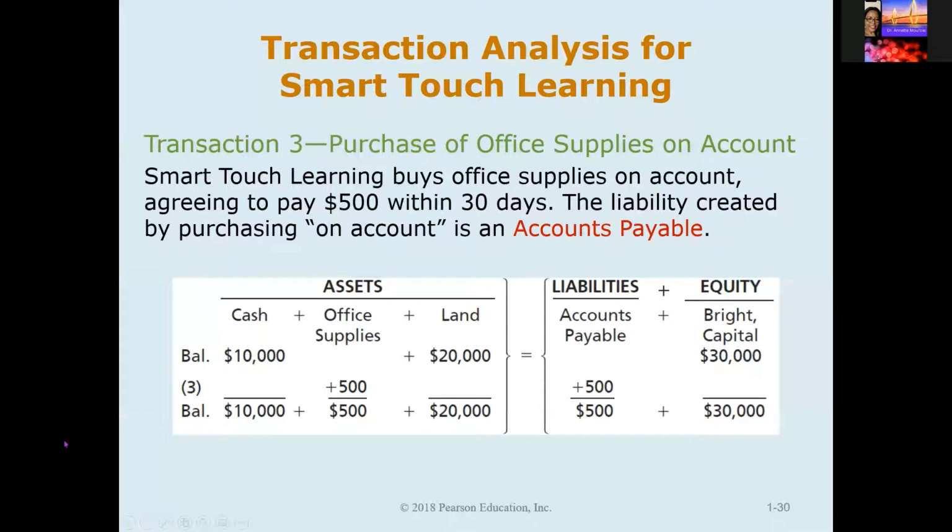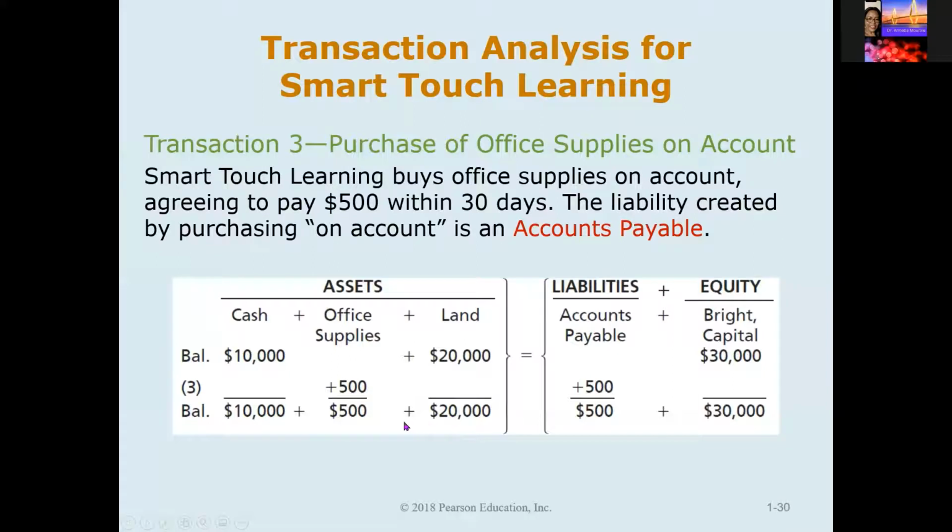So again, you have the $10,000 cash. The company purchased supplies, $500. Then you have your land at $20,000.